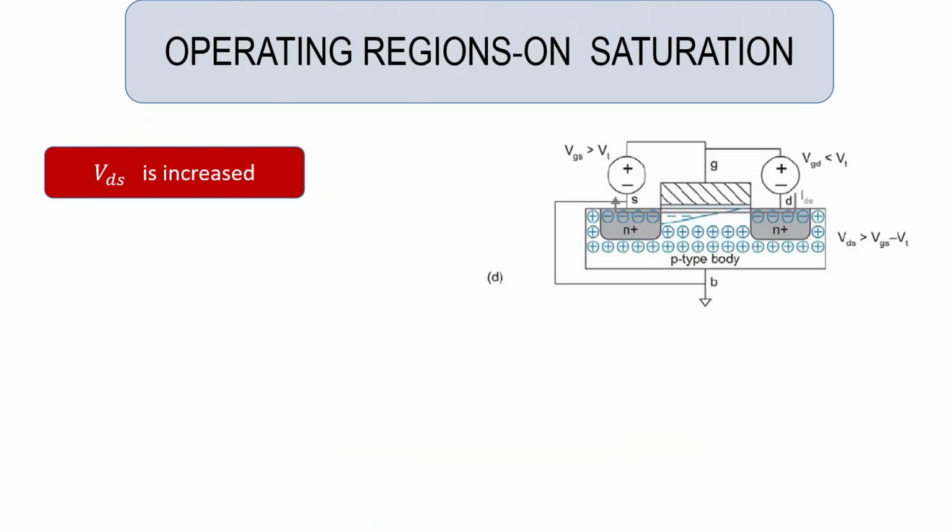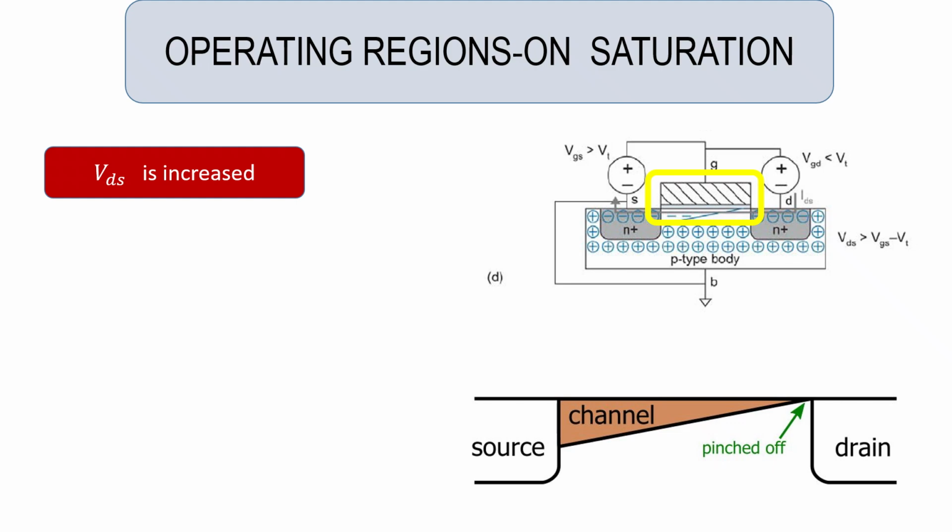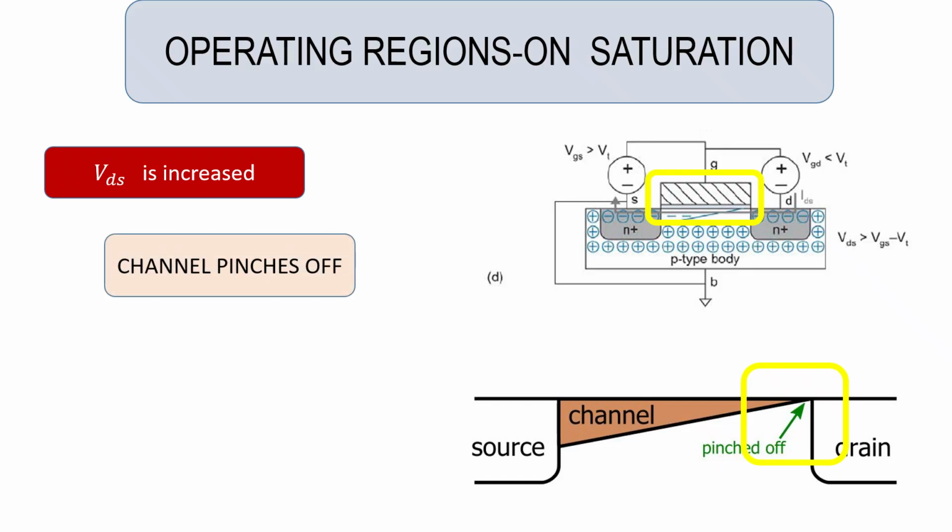As VDS is increased, the channel starts to constrict near the drain end. The channel region has been shown separately now. The channel constricts, and if you still continue to increase your VDS, the channel becomes a point at the drain end, which is called the pinch-off region.